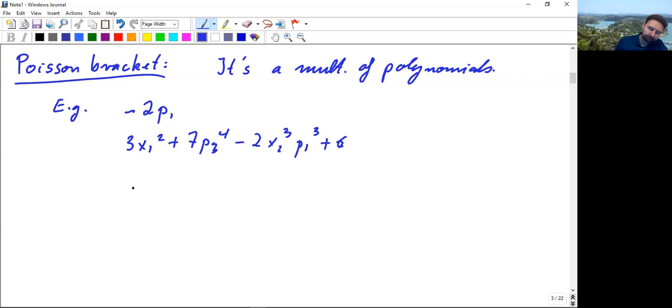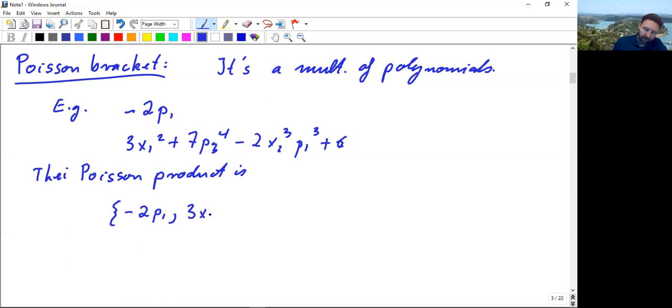The answer is their Poisson product, and here we use the notation of the so-called Poisson bracket. You write the two polynomials that you want to multiply in the Poisson way: minus 2 p1, and 3x1 squared plus 7p3 to the fourth minus 2x2 to the third p1 to the third plus 6.